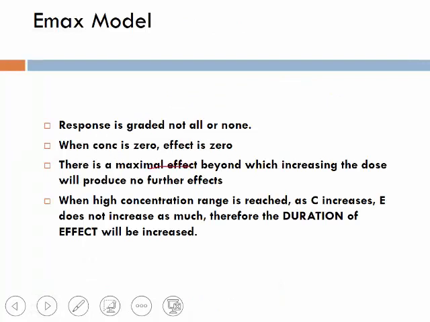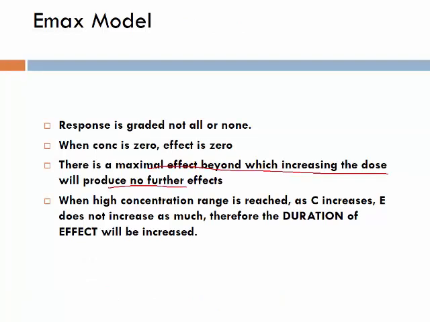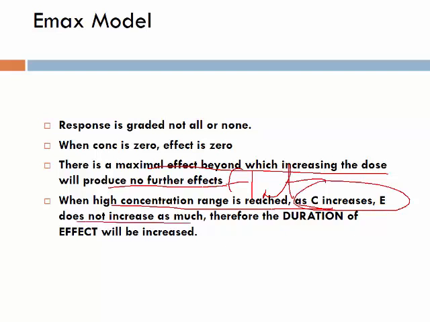There's a maximal effect beyond which increasing the dose will produce no further effects. We get to that flat portion of the curve, and we really don't see much difference. When the high concentration range is reached, as our concentration increases, E does not increase as much. Therefore, the duration of effect will be increased. This is an important point. So the duration of our effect will be increased as we get up into that flat portion of the curve.